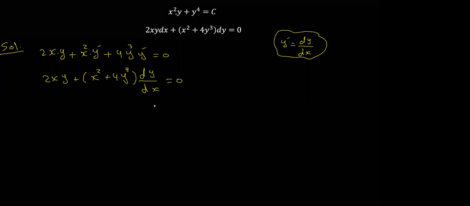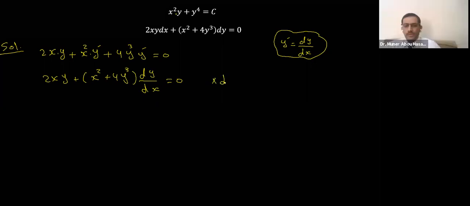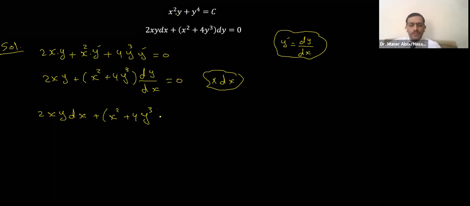Multiply by dx. If you multiply by dx, it will be 2xy dx plus x squared plus 4y cubed, and here you cancel dx from the denominator. So you have dy equals, and this is the given equation.